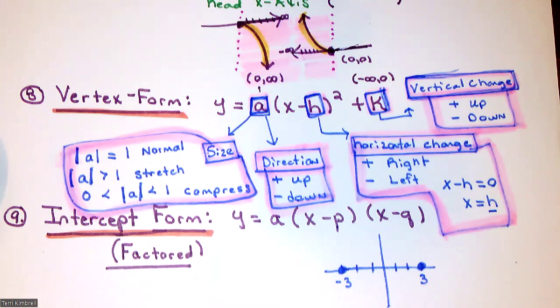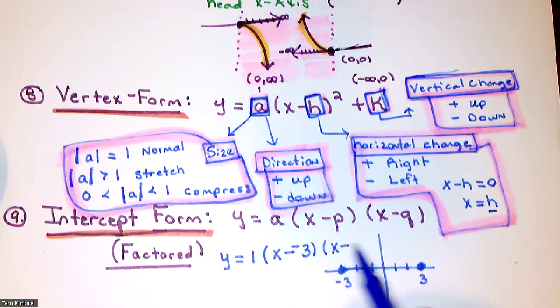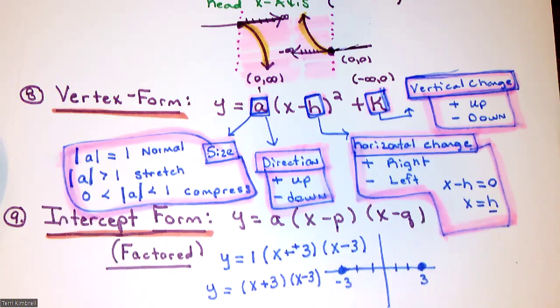So if I plug that in, I would do x minus, and I would put in the -3. Then I would do x minus, and I would put in the +3. So the double negatives are going to go to plus. So it's really going to be like x plus 3 times x minus 3.